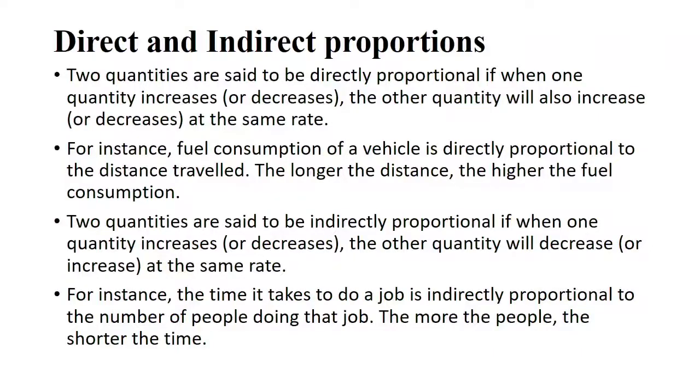Now, the time it takes to do that particular job is indirectly proportional to the number of people doing that job. The more the people, the shorter the time. The less the people, the longer the time it will take for them to do that job. So that's indirect proportion.